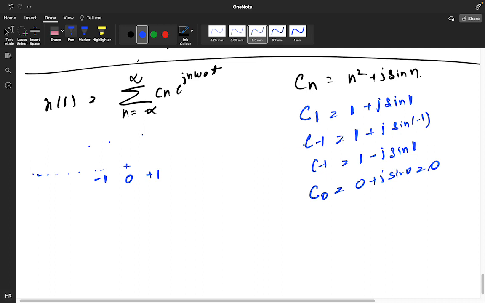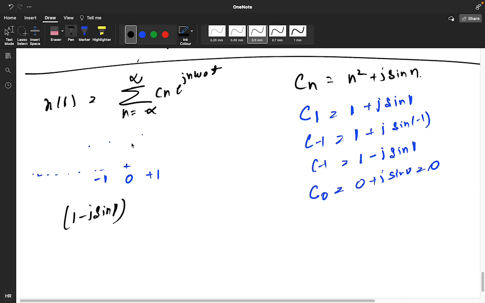So if you put the value of c of minus 1, what you are getting? 1 minus j sine 1. This is one of the values, 1 minus j sine 1.